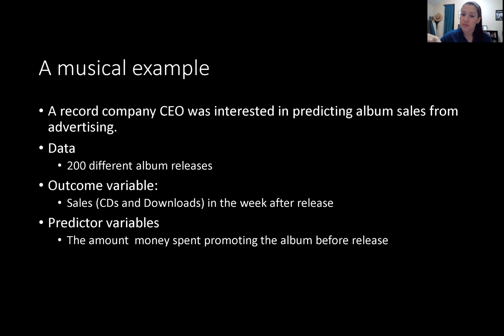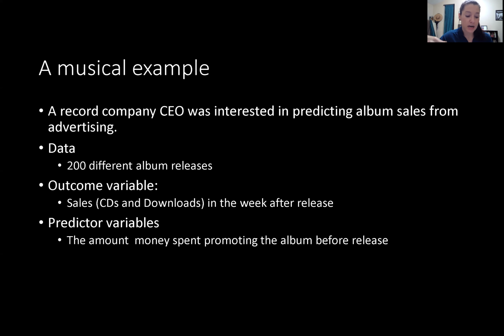And your predictor variable, in this case, I should have made that singular for this example, is the amount of money spent promoting the album before release. So X is the amount of money spent promoting the album before release. Y is the sales. That's what you're interested in predicting in this linear equation here.